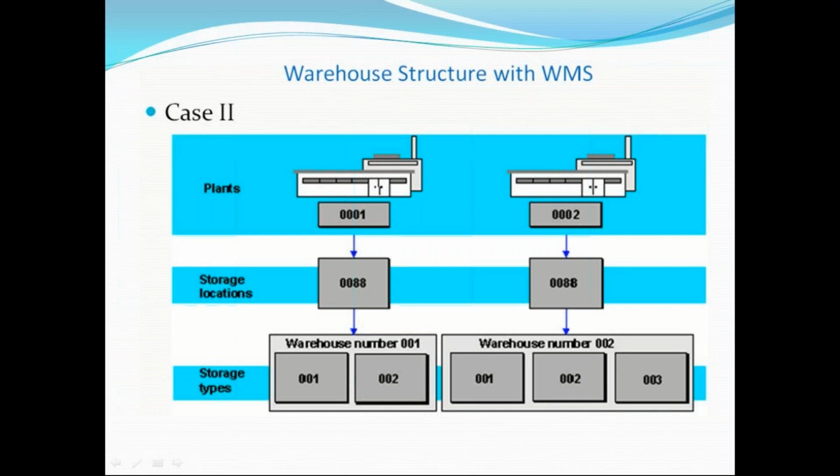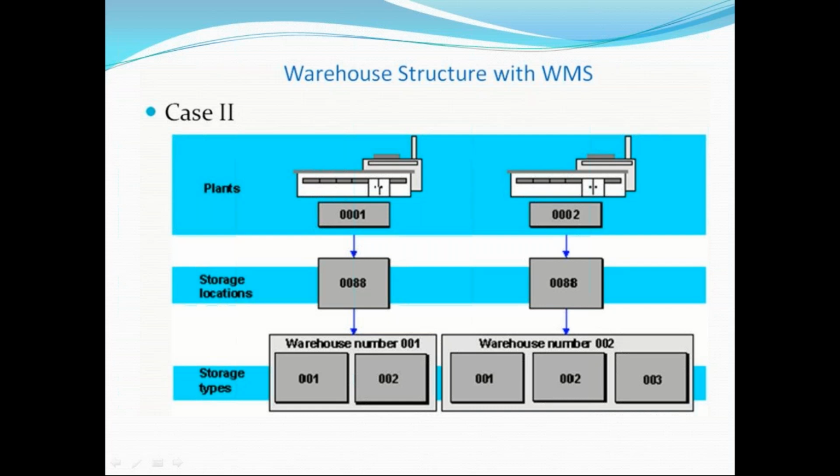It will pick the material from storage location 0088. Since the plant and the storage location, that is 001 and 0088, are linked to warehouse number 001, the system understands from where the material has to be picked, so that it can take the material from the particular storage type and distribute the material accurately.